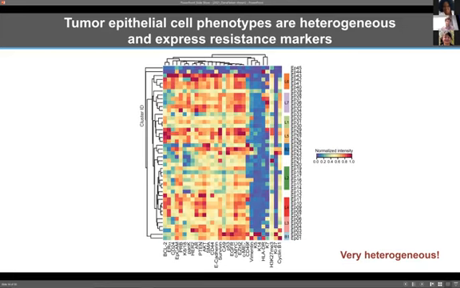In order to better comprehend the biology of these samples, we performed meta-clustering, and this allowed us to identify 2 basal groups and 7 luminal groups across those 45 distinct phenotypic clusters.